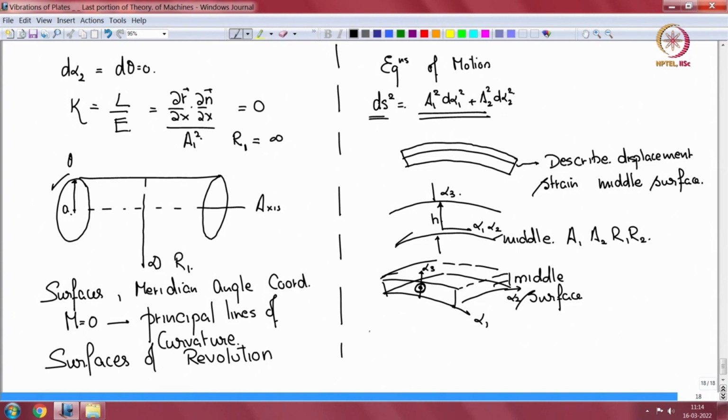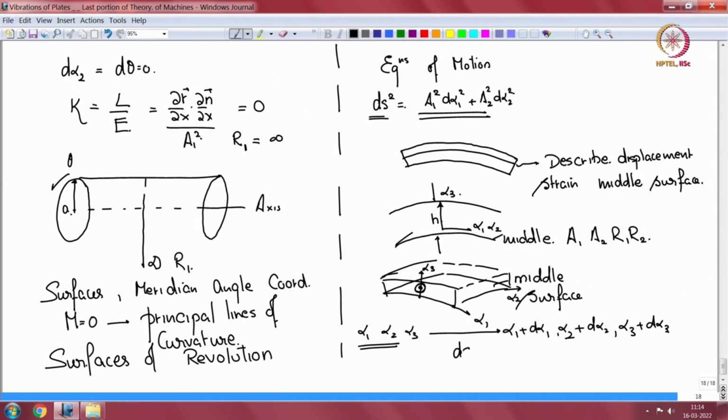That will carry alpha 1, alpha 2 and alpha 3 coordinates. Then we will take another neighboring point which is alpha 1 plus d alpha 1, alpha 2 plus d alpha 2 and alpha 3 plus d alpha 3, and we will form the basic length again.